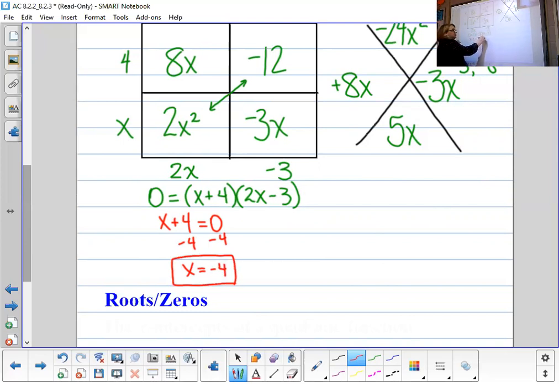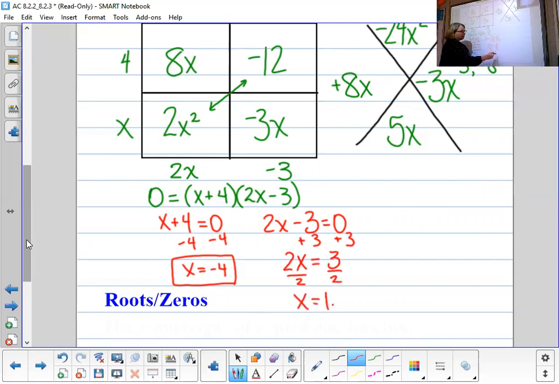Maybe this equation equals 0. 2x minus 3 might be the one that equals 0. To solve this equation, I need to add 3 to both sides. That gives me 2x equals 3, and then divide both sides by 2. And that gives me x equals 3/2, or 1.5.